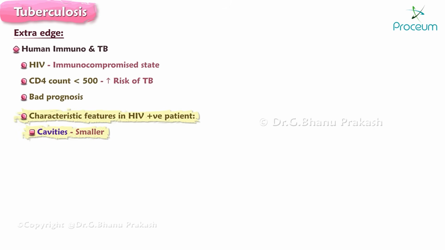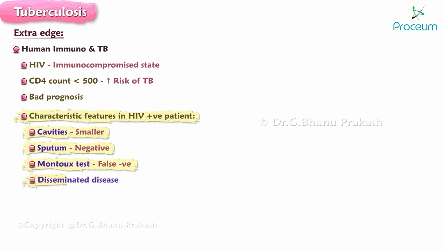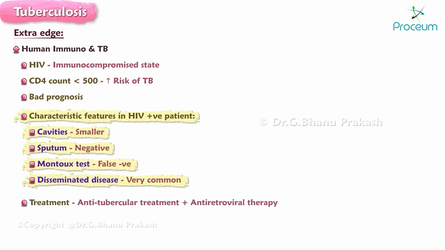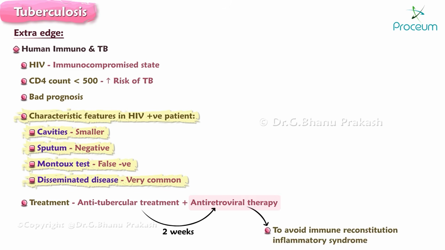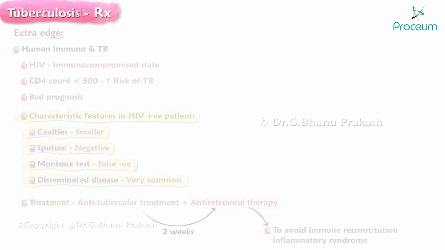Cavities are smaller, sputum is negative, Mantoux is false negative, and disseminated disease is very common. In such cases, treatment must include both anti-tubercular treatment and antiretroviral therapy, but one should start anti-tubercular treatment first, and two weeks after that, antiretroviral therapy should be given to avoid immune reconstitution inflammatory syndrome.